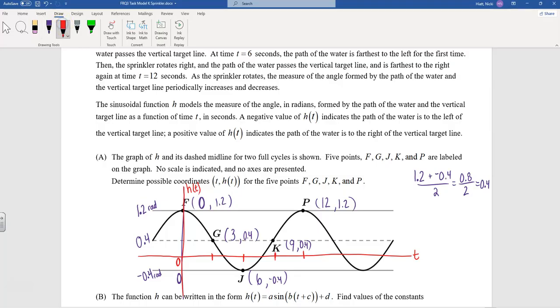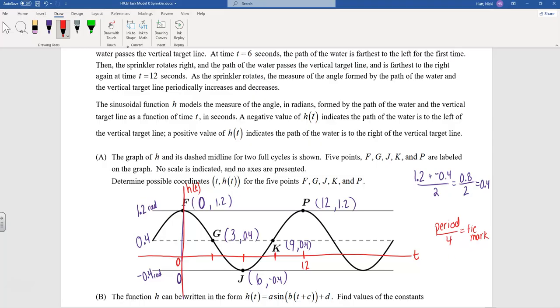But the other way we can think, the period of this graph is 12, right? Because that's how long it takes us to go from maximum back to the next maximum. Sometimes it's a weird number, like pi over 4 or 1/3 or something like that. So whatever your period is, if you divide it by 4, that equals your tick mark.